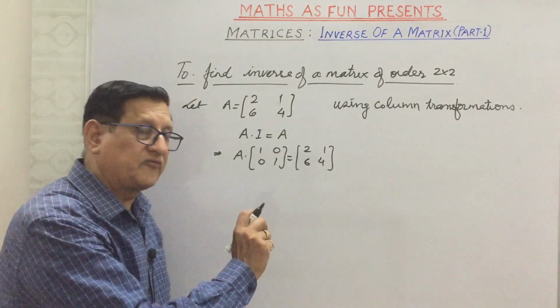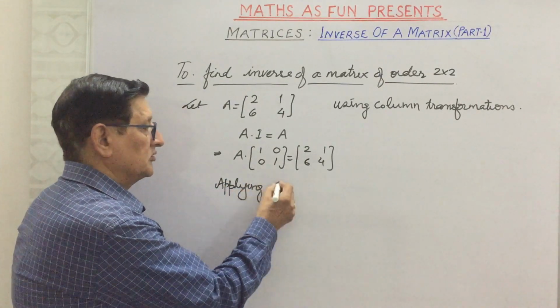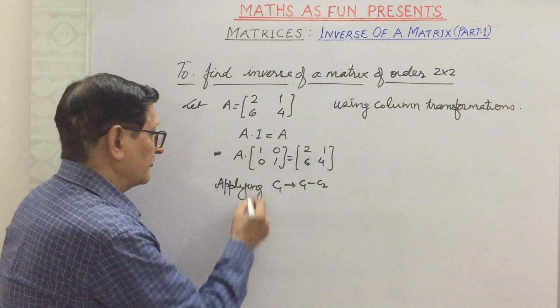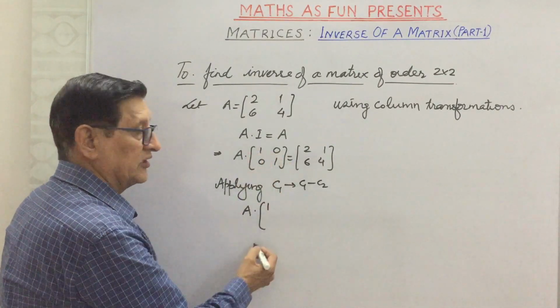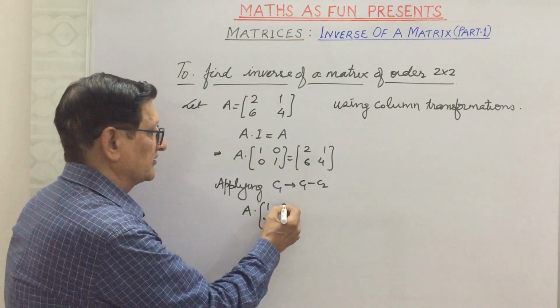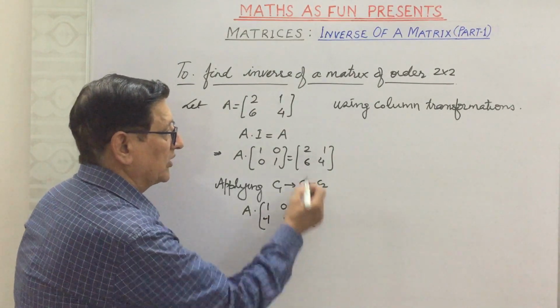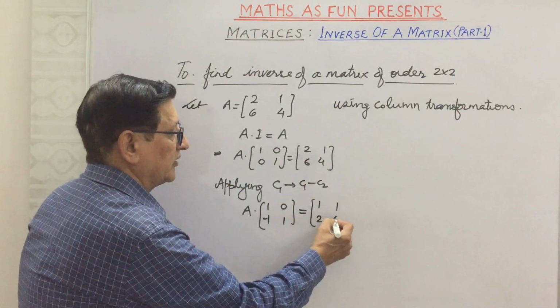So the first transformation is C1 minus C2, and here we get A into, that is 1 minus 0 is 1, 0 minus 1, that is minus 1, 0 1 into A, that is equal to what? 2 minus 1 is 1, 6 minus 4 is 2, 1 4.